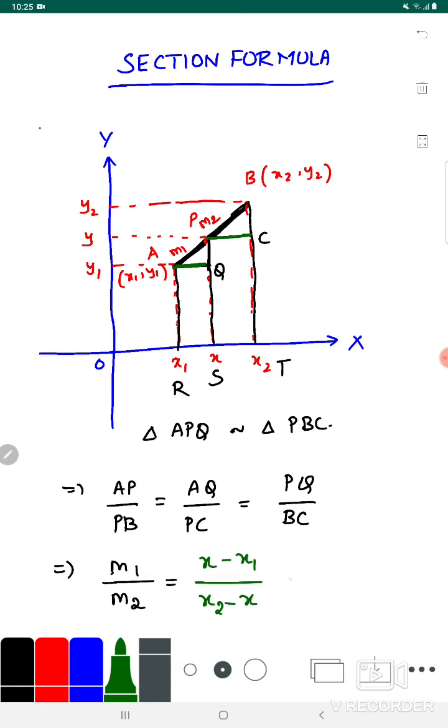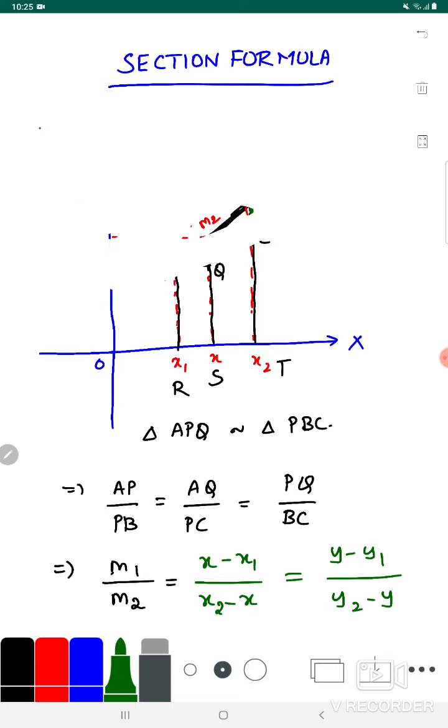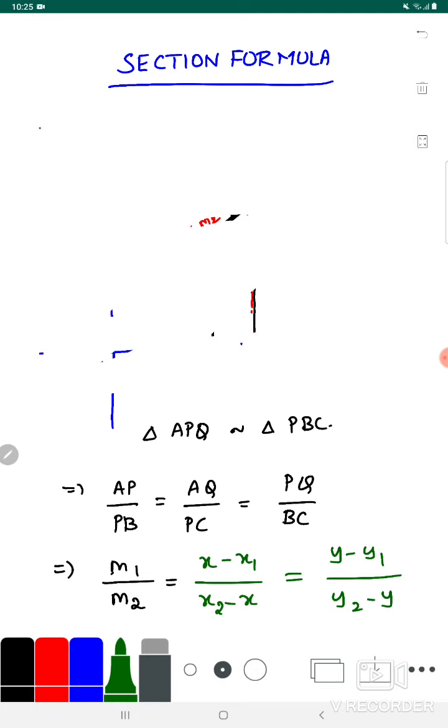Similarly, this is equals to what is PQ? PQ is nothing but y minus y1 by what is this thing? y2 minus y. Now, what I am going to do is, let me take these things one at a time, right.